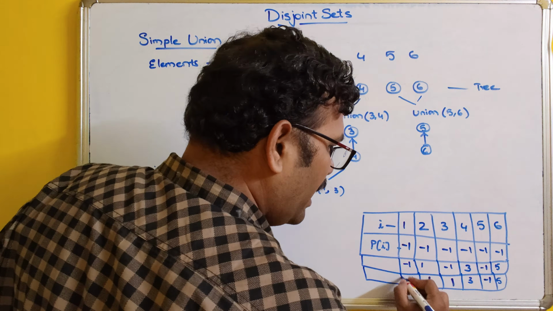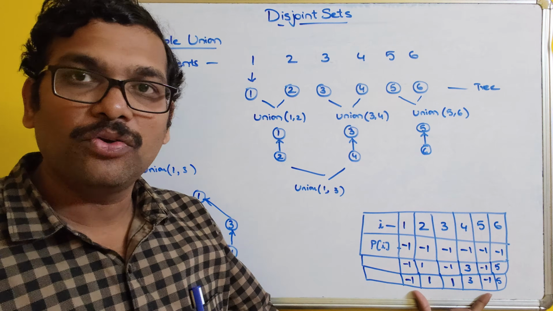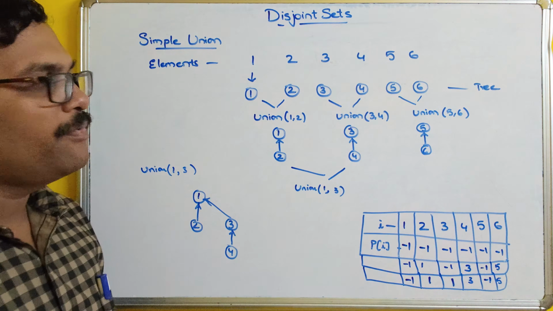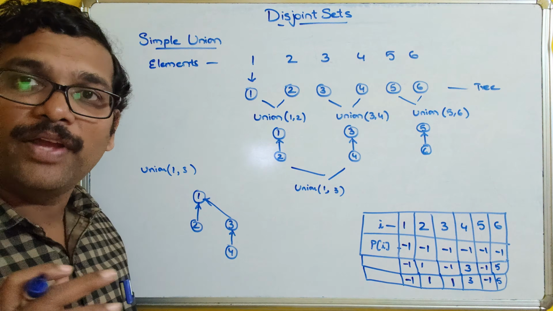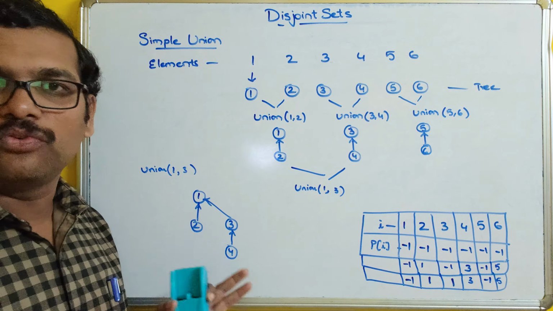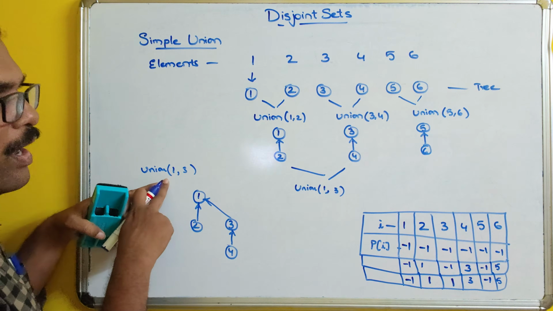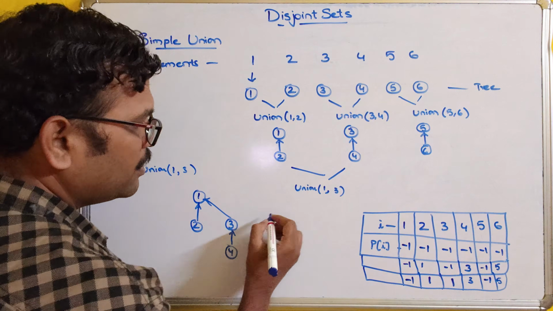You can observe again, we are having two -1s. But if you perform the union operation, only one root should be there. So again we have to combine: union of 1 and 5 and 6.